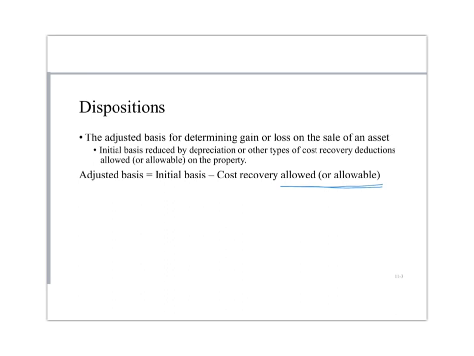For IRS purposes, if you are allowed to take depreciation, but you do not, it is still assumed that that depreciation that you were allowed to take would decrease the basis of your asset.